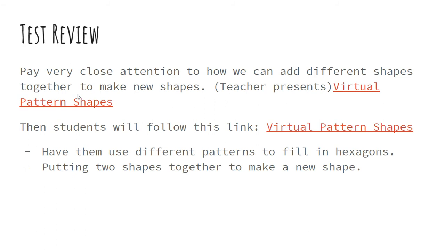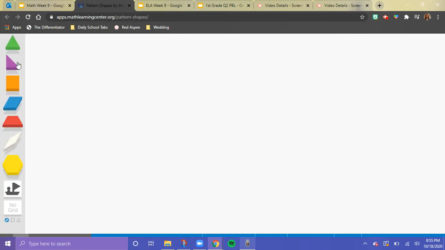Next, you're going to play with these virtual pattern shapes. When you click on this, you are going to practice making different shapes by using the other shapes. So for example, let's say I want to make a hexagon using a rhombus and what other shape could I use?